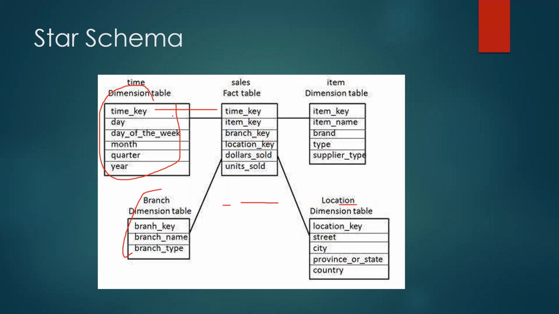Each dimension has only one dimension table, and each table holds a set of attributes. For example, time has attributes like time key, which is the primary key of the table, then day of the week, month, quarter, year. So this is how your star schema looks.